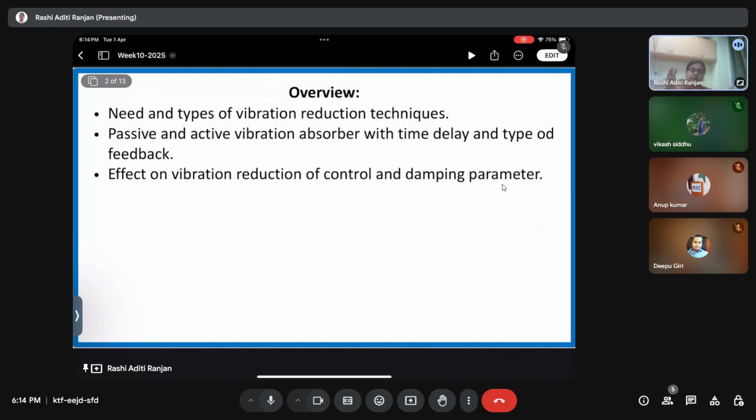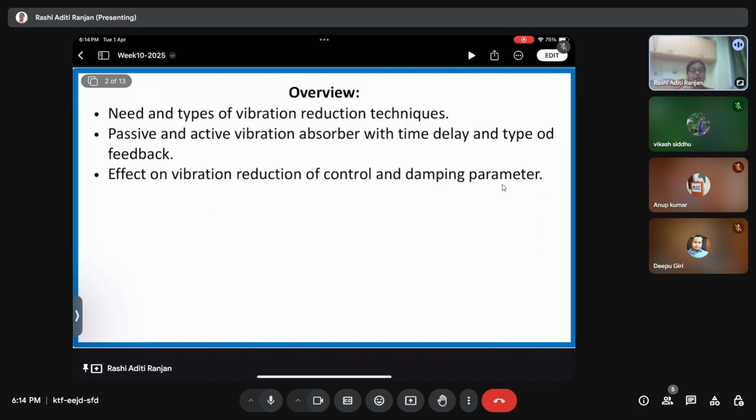Once you have selected a material and applied it, you cannot change it. And it may happen that whatever vibration absorber technique or system we have used, in some cases it turns out to be a very good vibration absorber, but in some cases it may not be able to absorb the vibration that nicely. So it would again depend upon the application, right?